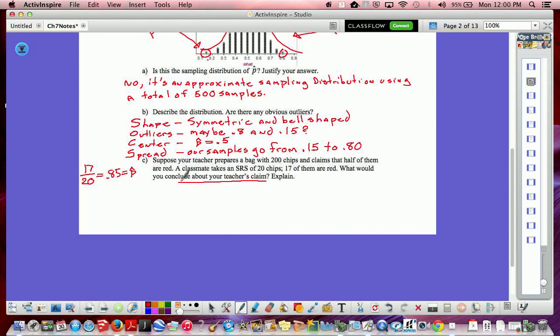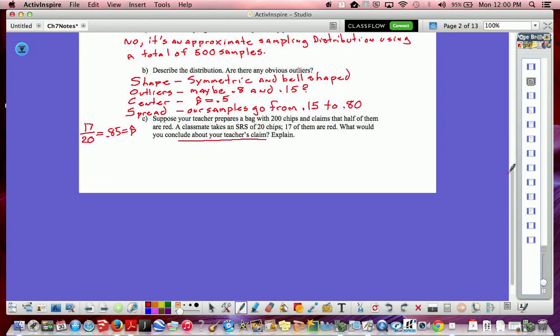Well, looking at the statistical evidence, 0.85 never happened in 500 tries. Yet here, it happened on the first try. Makes you wonder if the teacher is telling the truth? So let's at least note that.